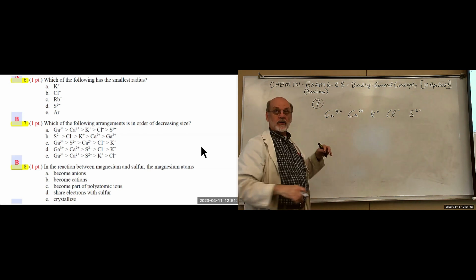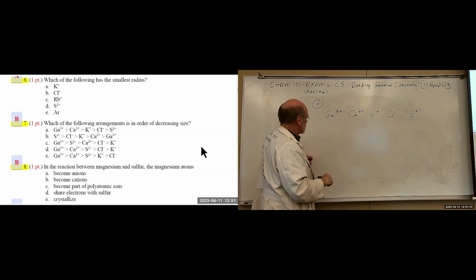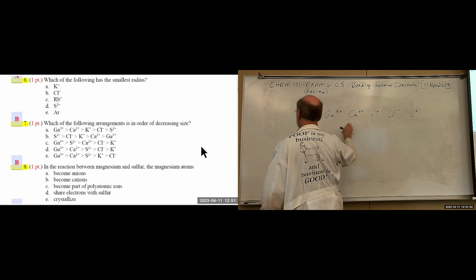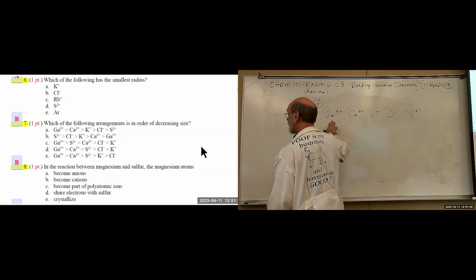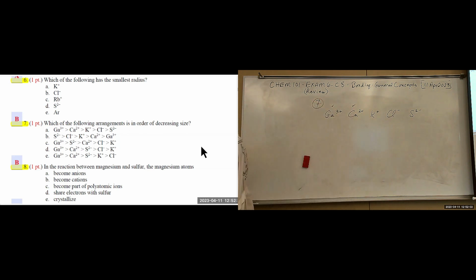So we're looking at decreasing size. Let's see if there are any isoelectronic ones in here. Calcium 2+ and gallium 3+, are those isoelectronic because they're in the same period and they're backing up?